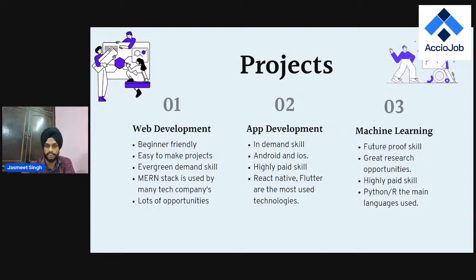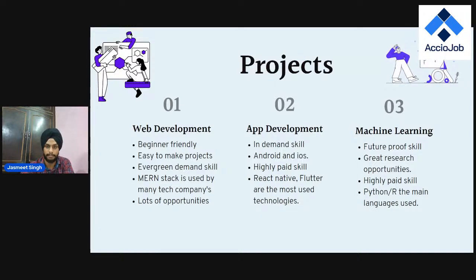Okay. Coming to machine learning, it is a future-proof skill, right? Nowadays, we see many technologies are moving to AI, AR, right? So it's a future-proof skill. It's quite a new technology, so it has great opportunities in research. If you are someone who is willing to go into the research domain, learning machine learning will be a great option for you.